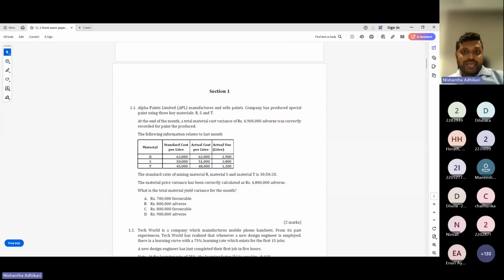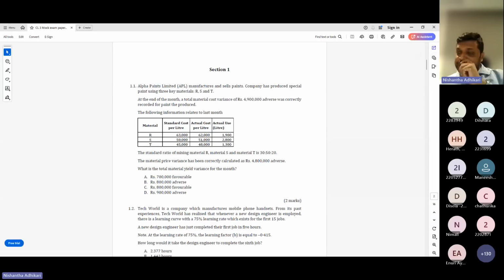The following information relates to last month, and you can see the standard cost detail, actual cost per liter, and actual usage of liters given. The standard ratio for mixing materials R, S, and T is 30 to 50 to 20%. That is the standard mixture.